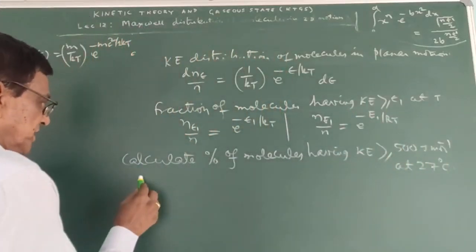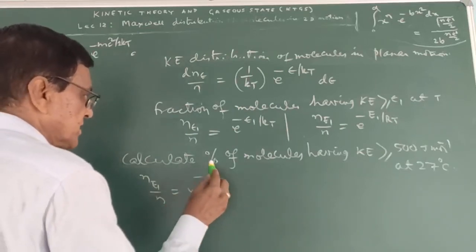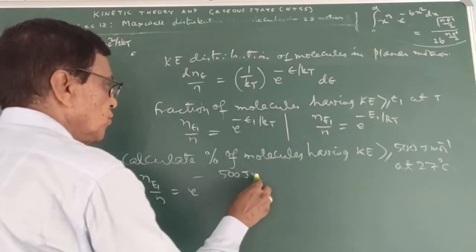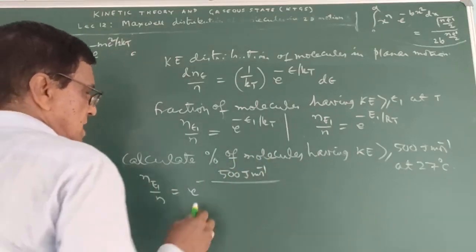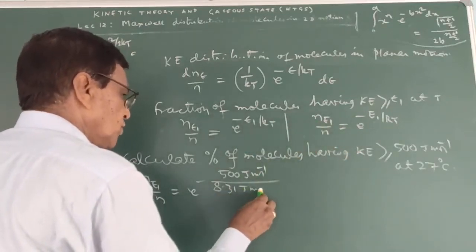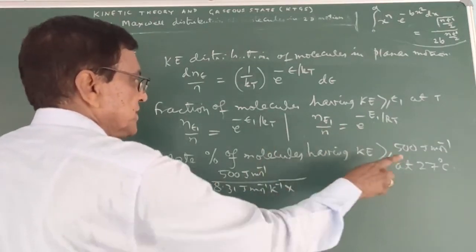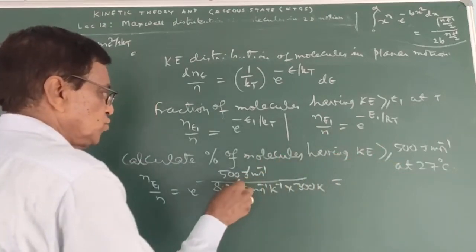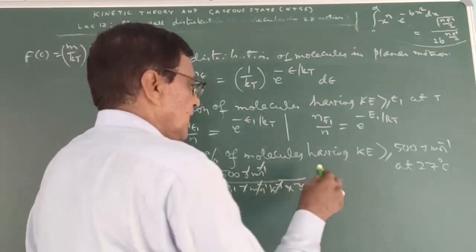So if we calculate N E1 by N equal to e to the power minus 500 joule mole inverse divided by R T, the value of R is 8.31 joule mole inverse Kelvin inverse, and the temperature is 27 degrees centigrade, meaning 300 Kelvin. Joule, mole inverse, Kelvin inverse, Kelvin all cancel, and this value will come out to 0.8.